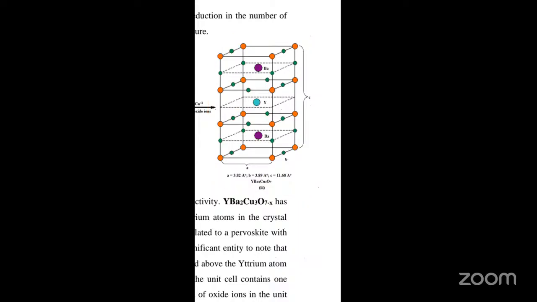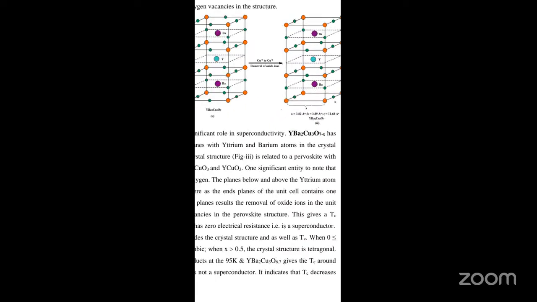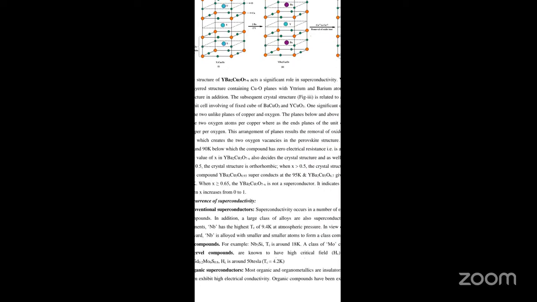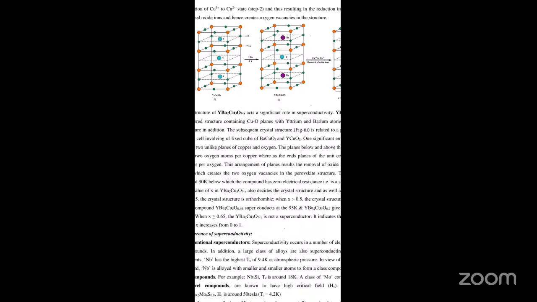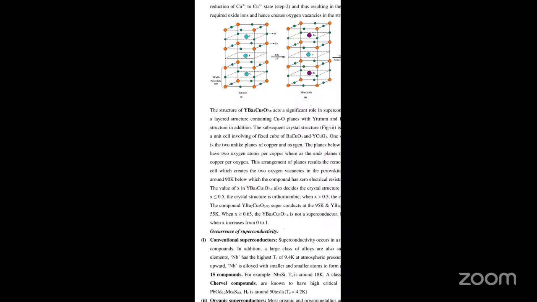This is about the crystal structure of YBa2Cu3O7 minus x. If you go through the material, the same thing is there. First, we connect three perovskite structures of YCuO3.